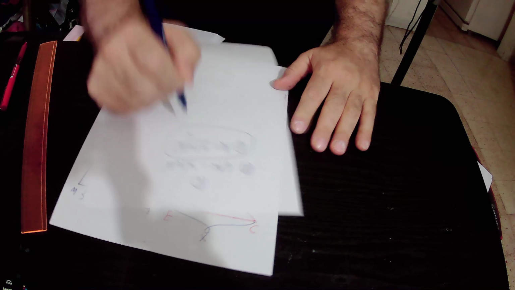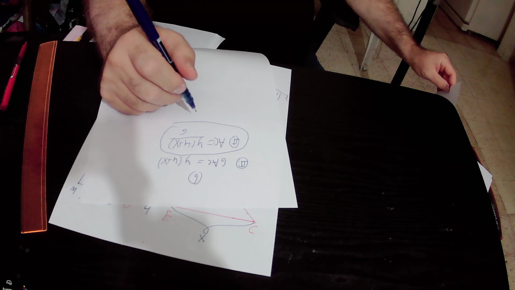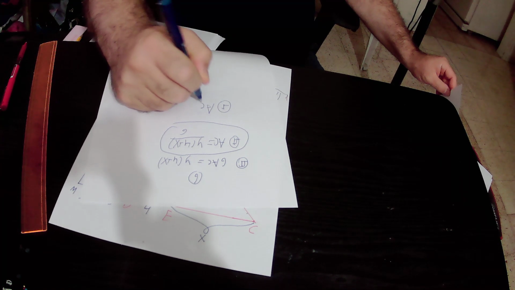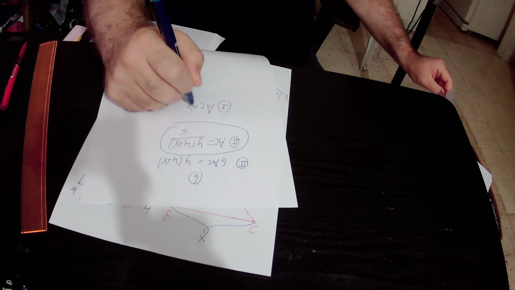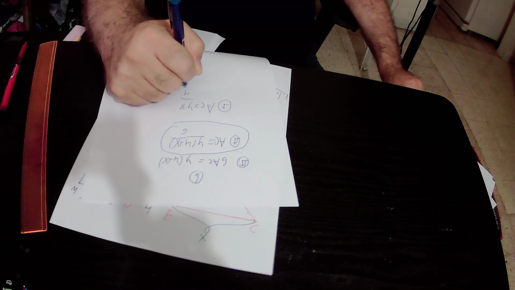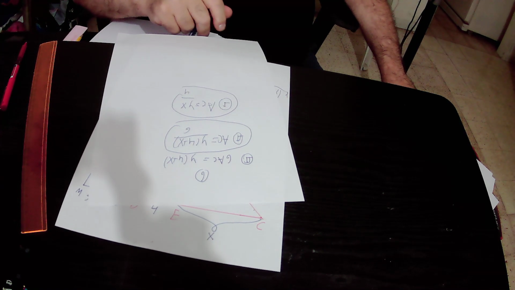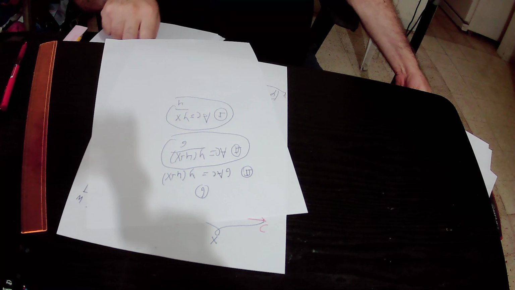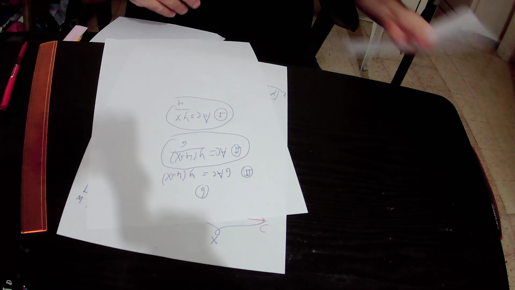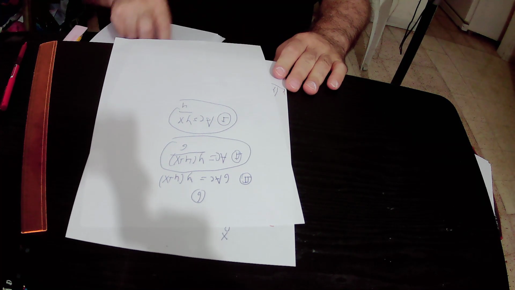Okay, but we have already found out in equation number 1 that AC equals y times x over 4. So we have the value of AC in those two equations.